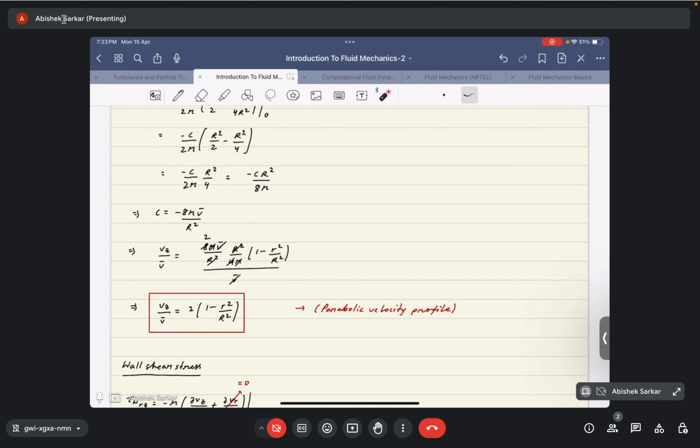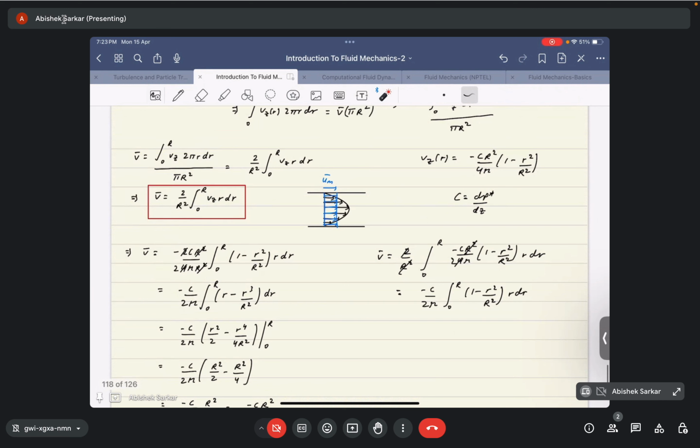This tells us that the velocity profile in the case of flow through pipes is a parabolic velocity profile with respect to r. You can even tell that from the initial profile also.